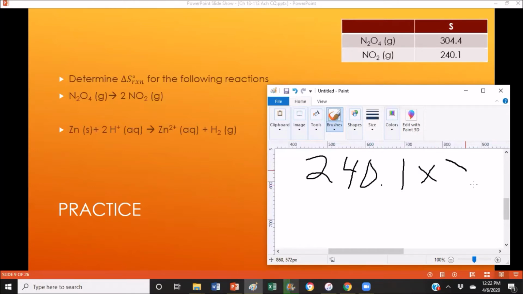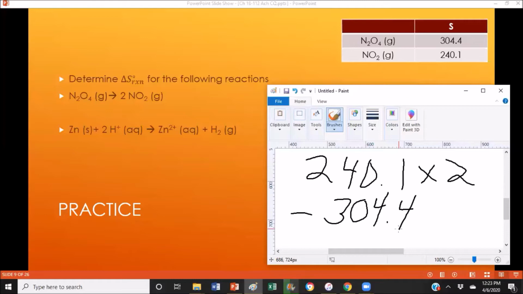However, there's two molecules of NO2. So even though N2O4 is more random molecule by molecule, the net effect is going to be positive entropy when it breaks down.